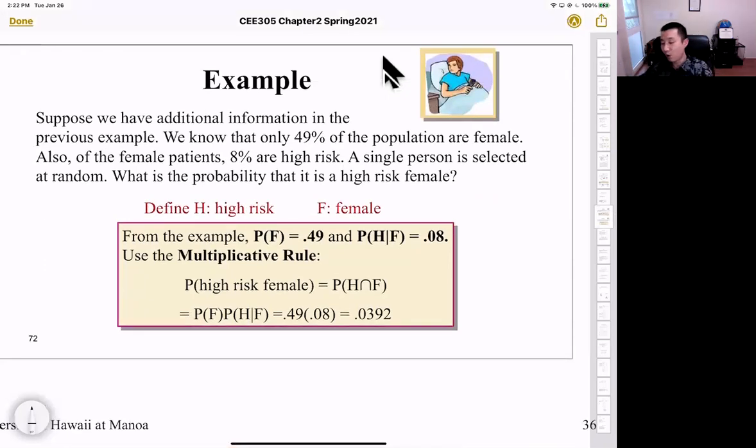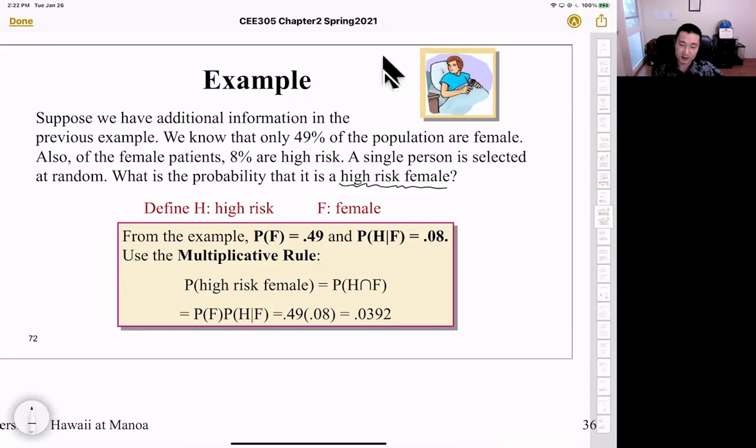So let's say we have more information about the previous example. We know that only 49% of the population are female, and of female patients, 8% are high risk. A single person is selected at random, and the question asks the probability that it is a high-risk female.